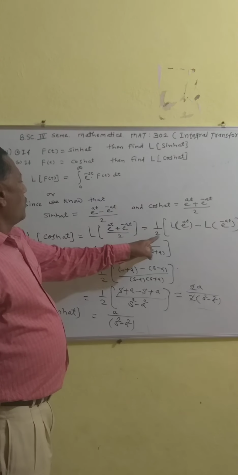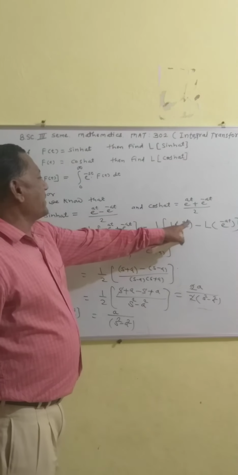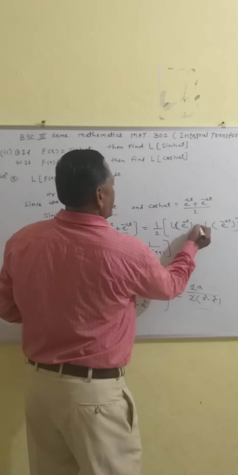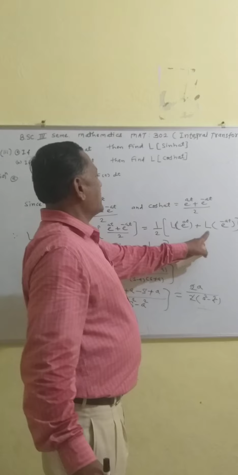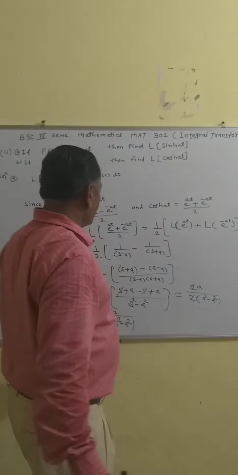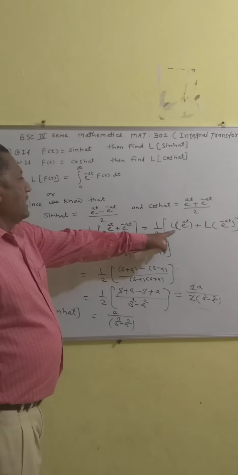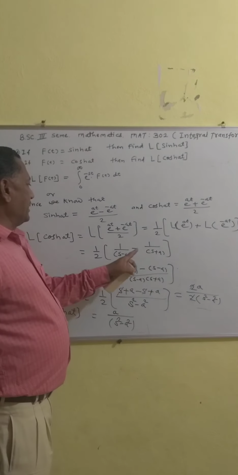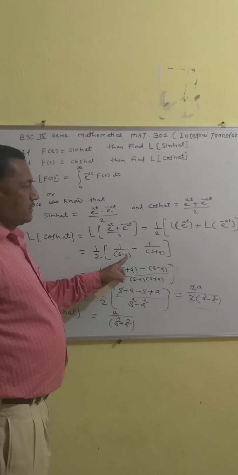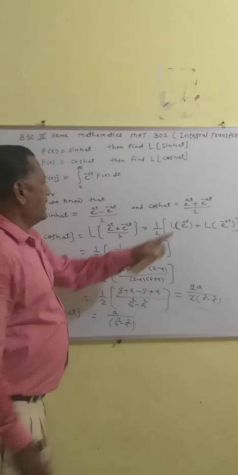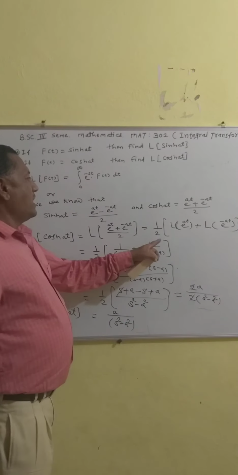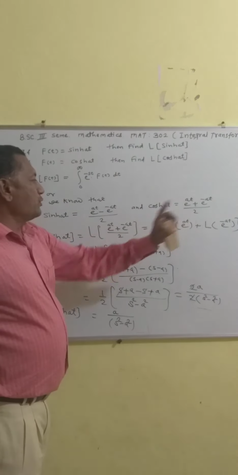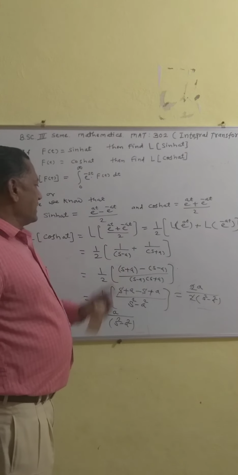So it is equal to 1 by 2 into the Laplace transform of e raised to at plus the Laplace transform of e raised to minus at. Again here the Laplace transform of e raised to at is 1 upon s minus a, and here plus 1 upon s plus a.